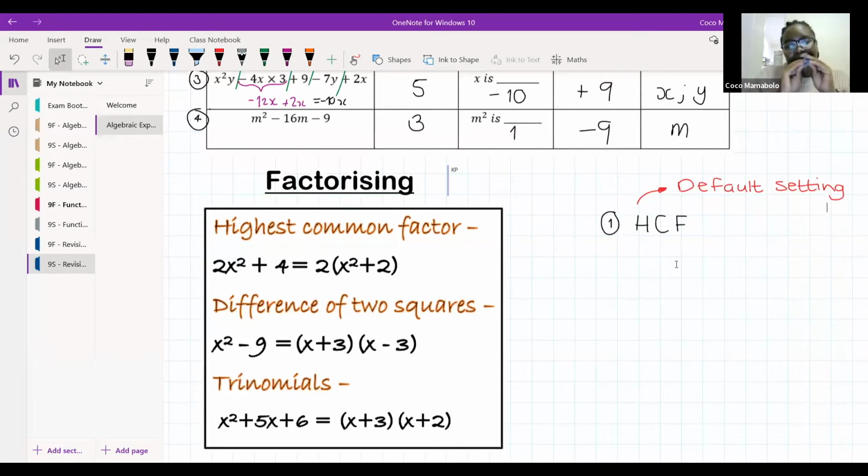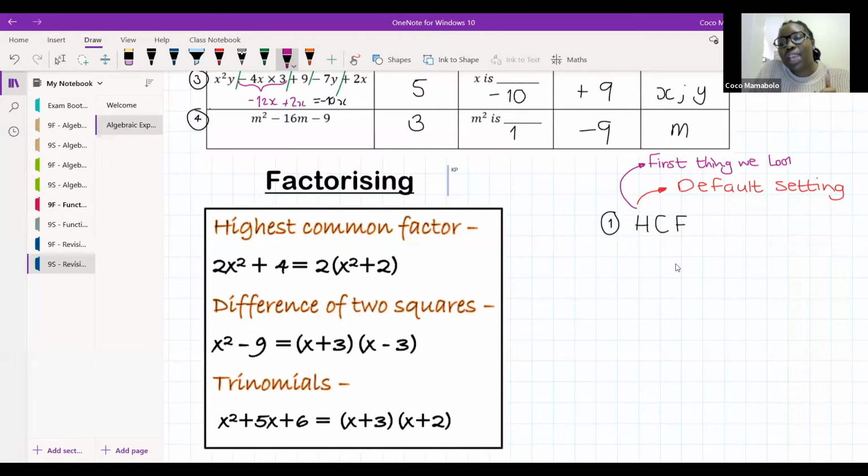It only has the default settings, which means the default setting is basically the first thing you find on your phone. So when we say that HCF, or highest common factor, is our default setting, what I'm saying is when we are factorizing, the highest common factor is the first thing we look for.